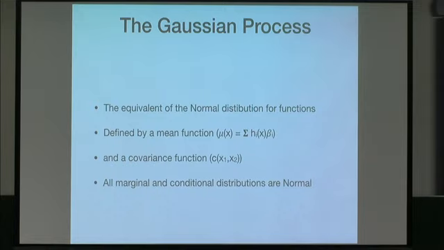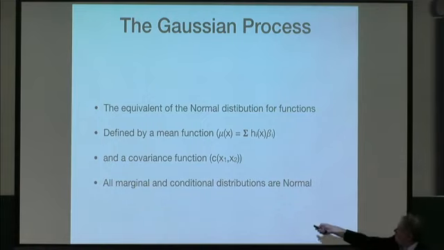And it's defined in the way that a normal distribution is defined by a mean and a variance, or for a multivariate normal, a mean and a covariance matrix. This is defined by a mean function, and conventionally we take that as the sum of a set of basis functions with some unknown parameters. We don't have to, but it makes life so much easier, we always do.